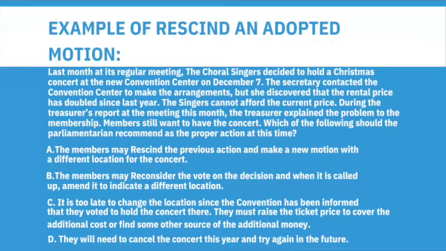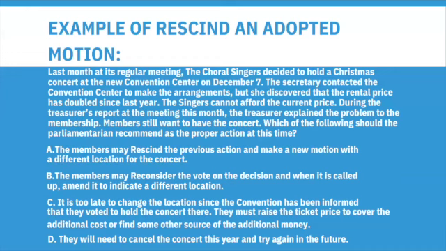So, should the parliamentarian recommend A, the members may rescind the previous action and make a new motion with a different location for the concert? B, the members may reconsider the vote on the decision when it is called up, amend it to indicate a different location. C, it is too late to change the location since the convention has been informed that they voted to hold the concert there.